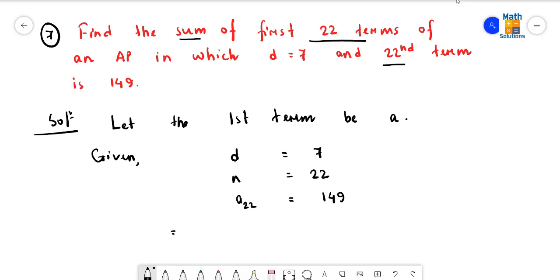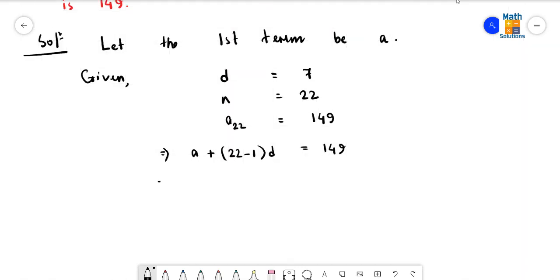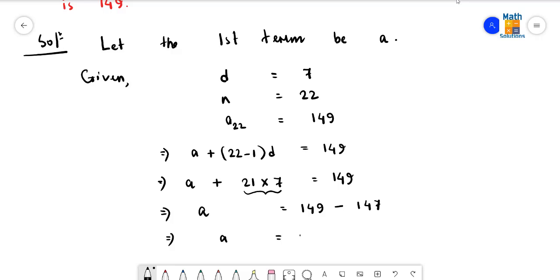So from a22 we can evaluate that a plus 22 minus 1, d is equal to 149. Value of a we don't know, so that will remain as it is, plus 21 into d is 7, so 149. Then whatever product we shall be getting here will be shifted to the opposite side. 149 minus 147, so value of a comes as 2 here.